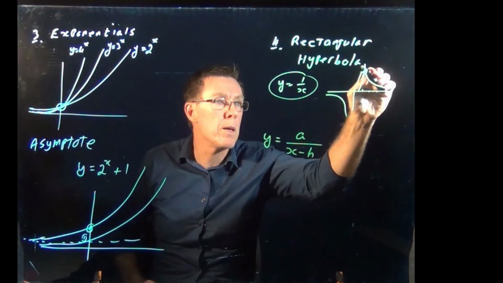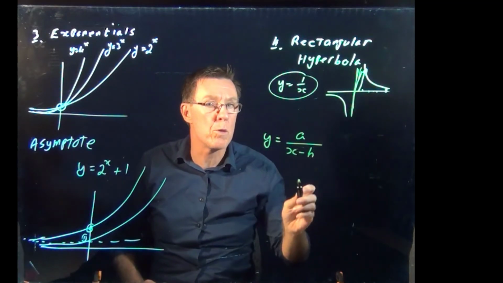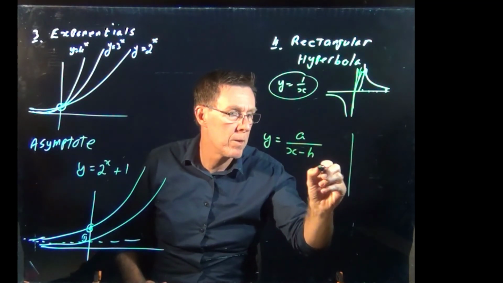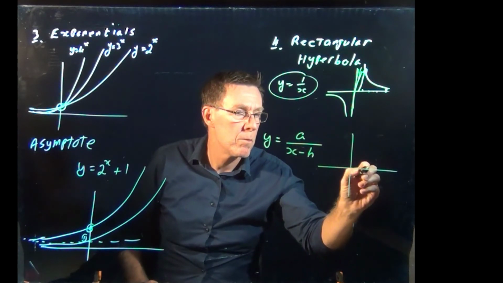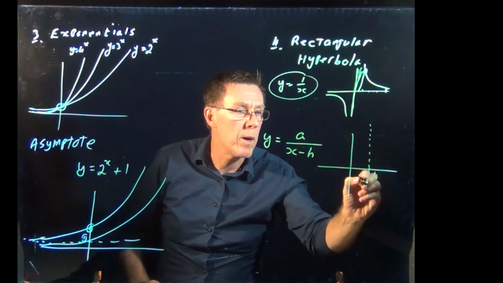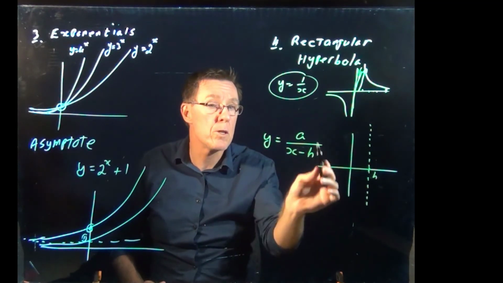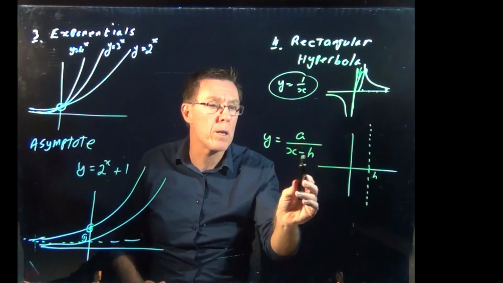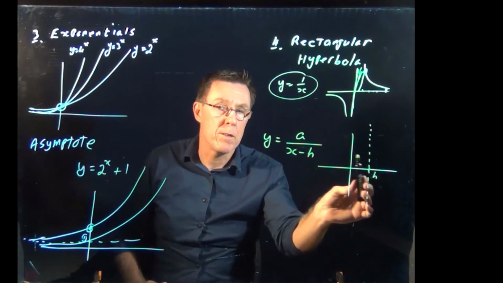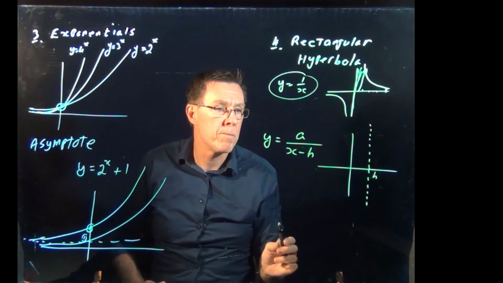So instead of it being non-existent at x equals 0, it's now going to be non-existent where x is h. So that now becomes our asymptotic line. And once again in class, you can work out why in particular. If h is negative here, it's a positive shift there. It's a good little investigation to look at.